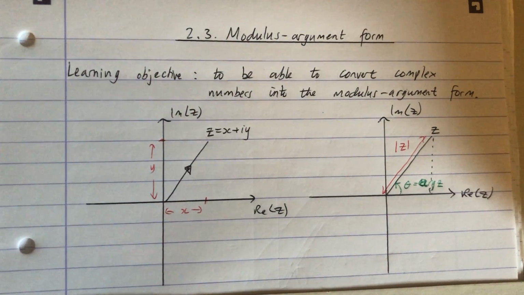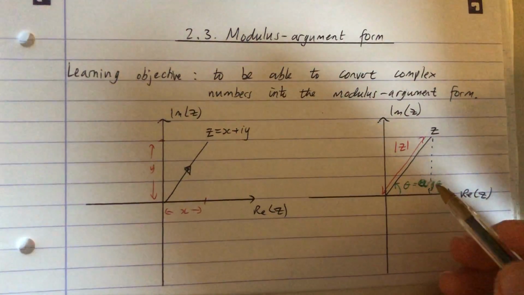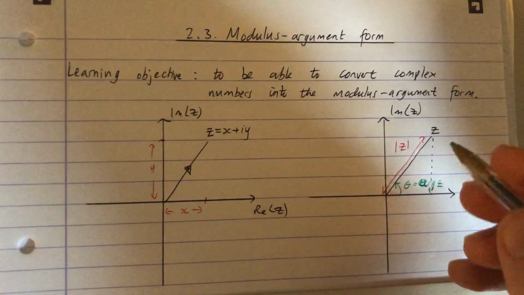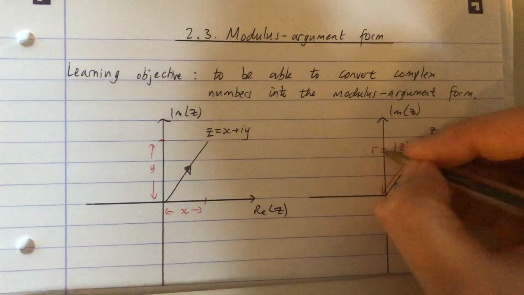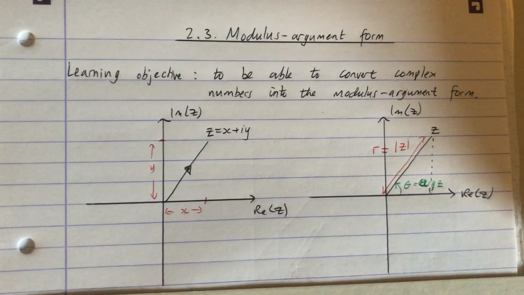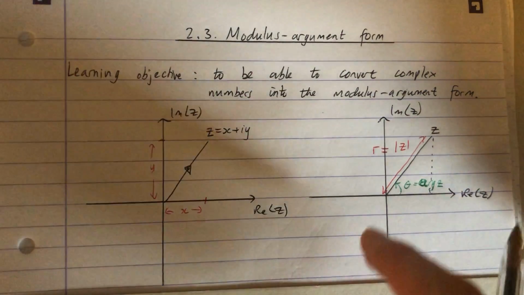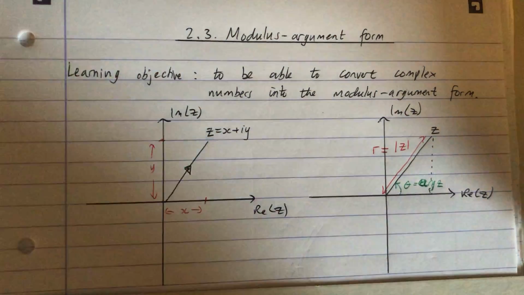Now, just before I forget, the letter they use to represent this, to shorten it even more, is the letter r. So the letter r in complex numbers means modulus as well. So I can use the letter r for the hypotenuse and the letter theta for the angle.